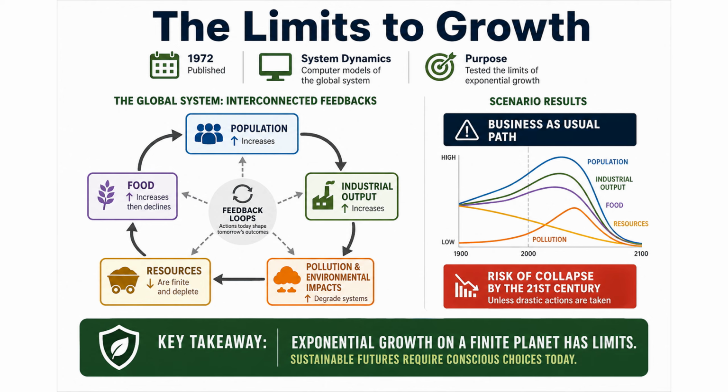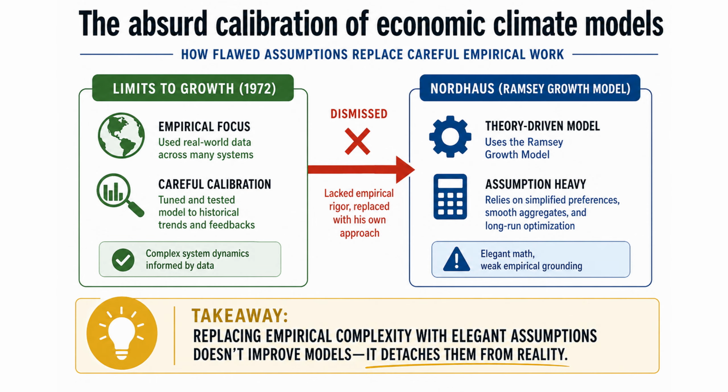Once that is clear, the next step is the absurd calibration of economic climate models, because it develops the next piece of the same argument. Economic climate models often rely on flawed assumptions and data that don't accurately reflect reality. Put more directly, William Nordhaus criticized the limits to growth study, claiming it lacked empirical data and replaced its methods with his own.